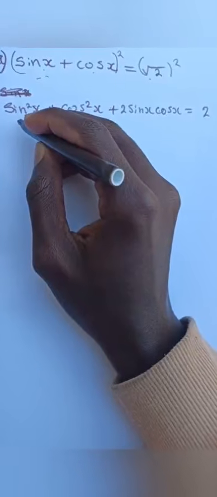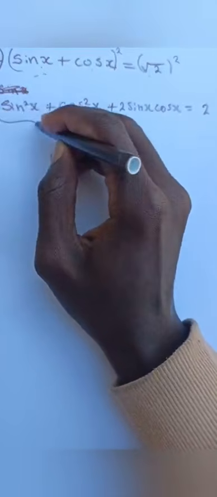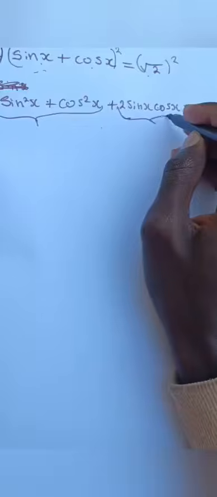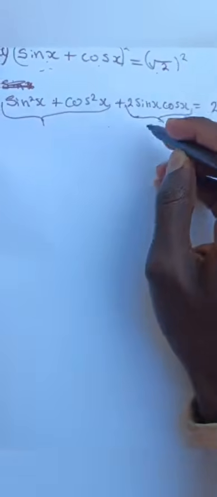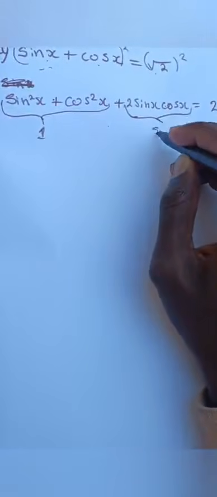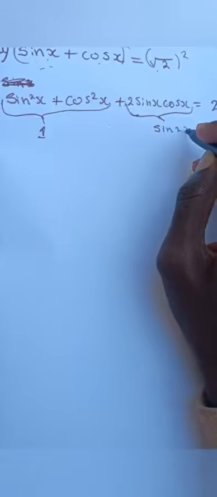Now we are going to think of the possible identities. If you remember, this one is equal to 1, right? Then this one is equal to 1. If you remember the identities, this one is equal to sine 2x, right?